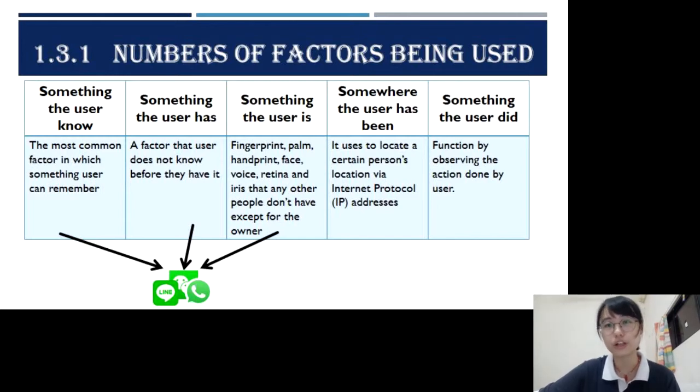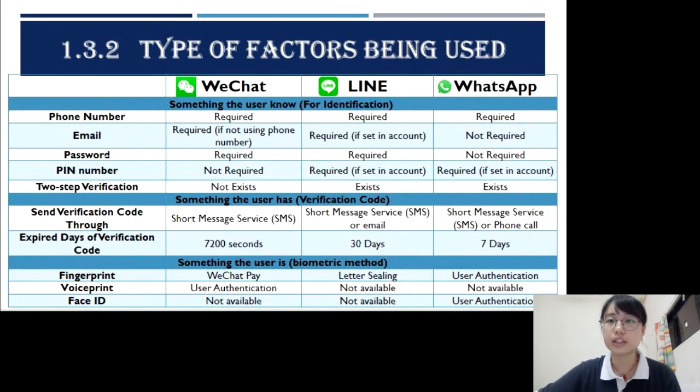In this review, the combinations of factors used in these three applications will be discussed further. So the next one, I will present the type of factors being used in these three social media applications that we chose.